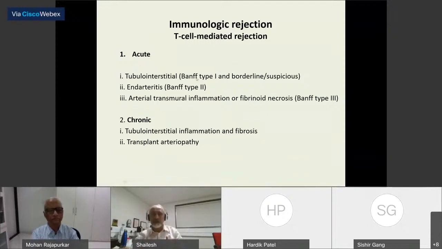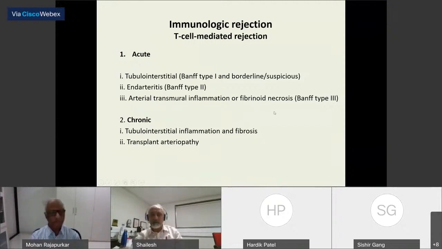Then in type 2, endarteritis is involved, and in type 3 cell-mediated rejection, there is panmural fibrinoid necrosis of the vessel wall.